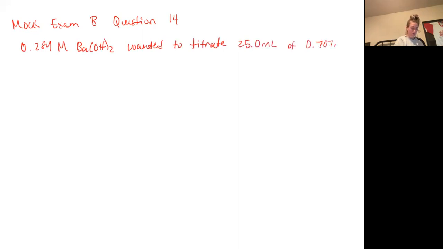We said that we had 0.284 molar barium hydroxide, and we wanted to titrate 25.0 mL of 0.707 molar HCl. So how many milliliters of barium hydroxide are needed?